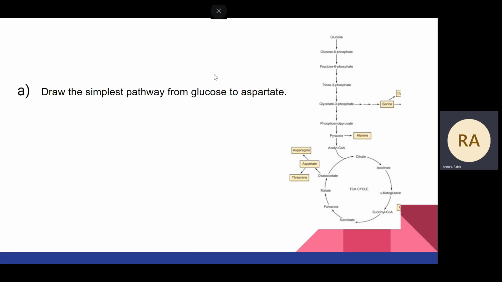So in this case, we know that it's going to go from glucose through the glycolytic pathway to acetyl-CoA, and then acetyl-CoA, as we know, enters into the citric acid cycle, also known as the Krebs cycle. And we can see here oxaloacetate, and then it converts to aspartate. So you just draw glucose, glycolytic cycle, and then acetyl-CoA, you draw the citric acid cycle, oxaloacetate, and just show aspartate.